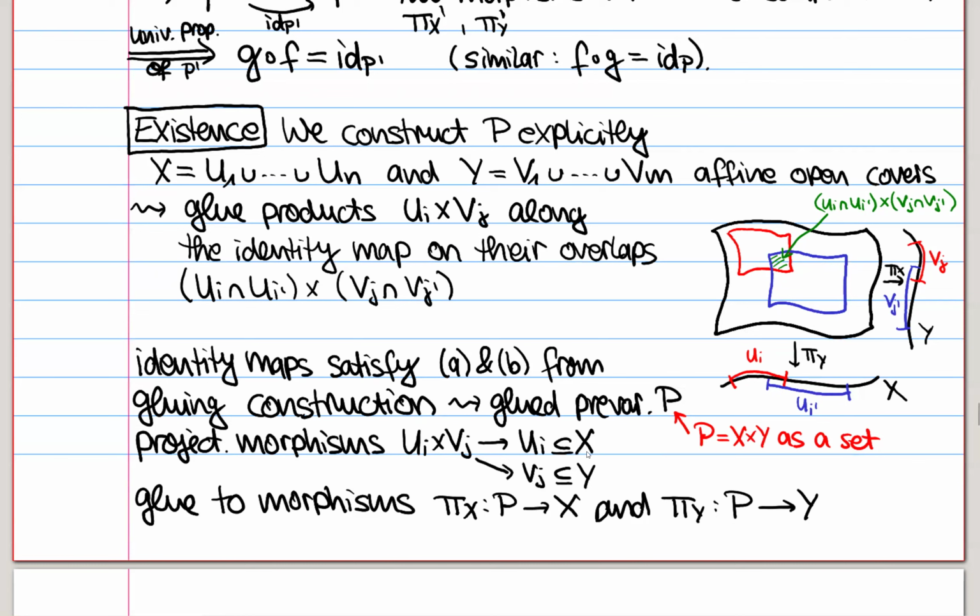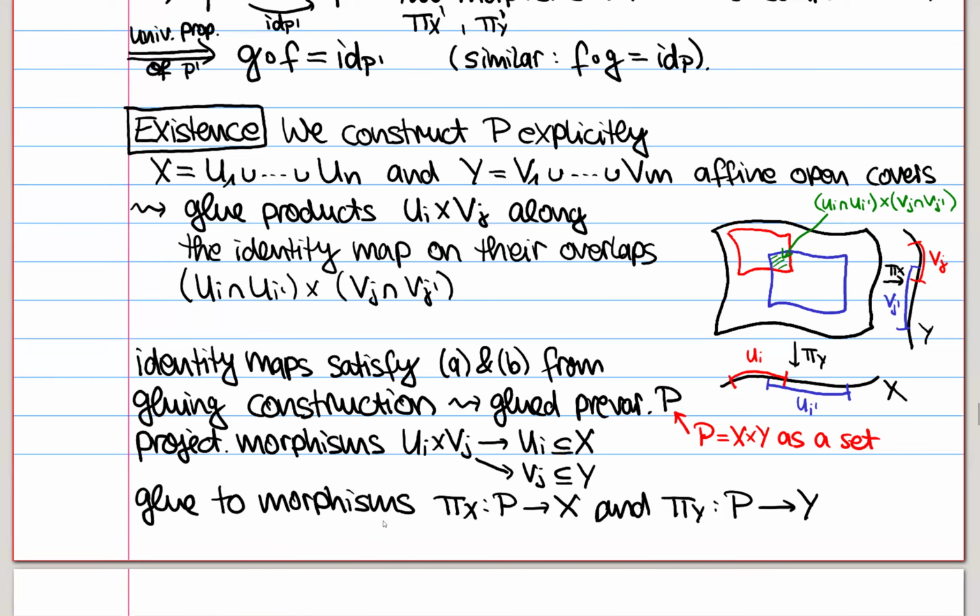And U_i sits inside X as an open sub-pre-variety. So this is kind of an open embedding, so this composition here is a morphism to X. And then these morphisms fit together, of course, again on these overlaps. And so they glue to two morphisms from all of P to X and all of P to Y.